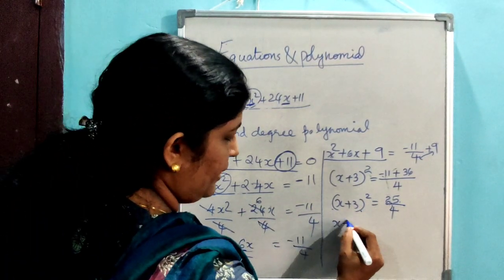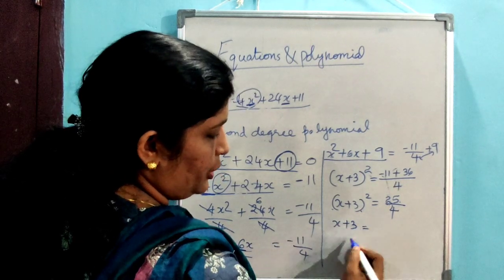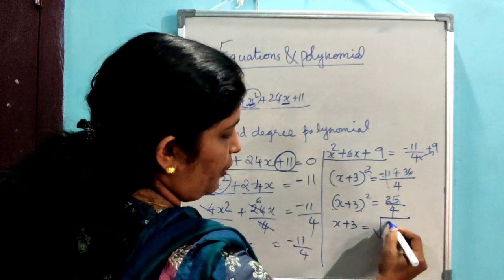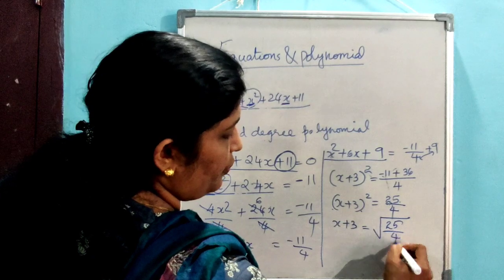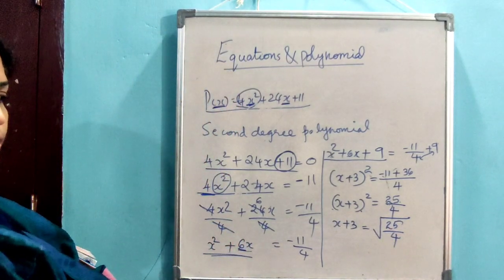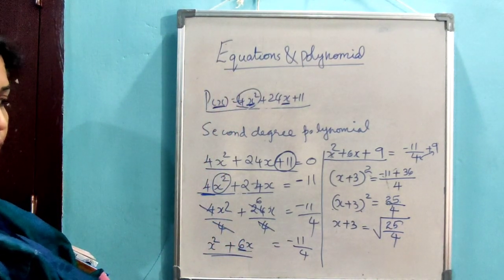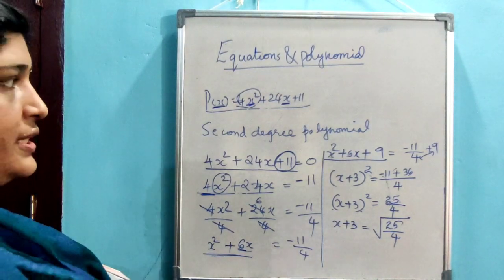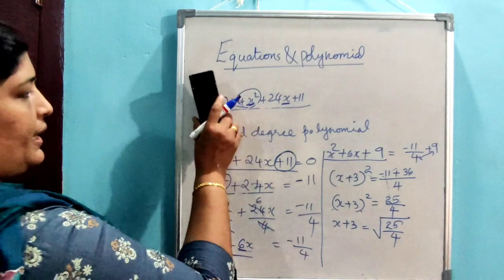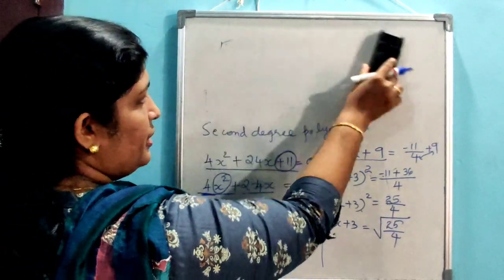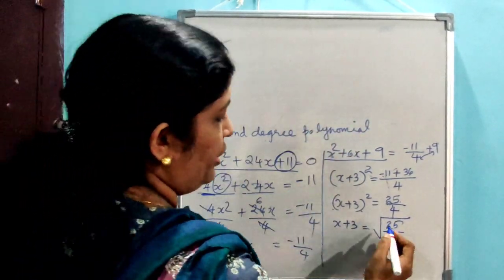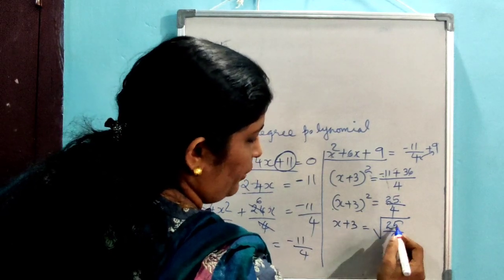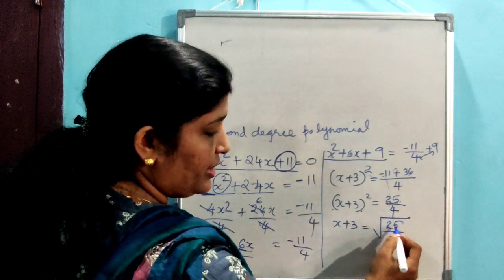Then what is x plus 3? x plus 3 is equal to the square root of 25 by 4. This 25 by 4 has two square roots, one positive square root and the other a negative square root. How do we find the square root of a fraction?